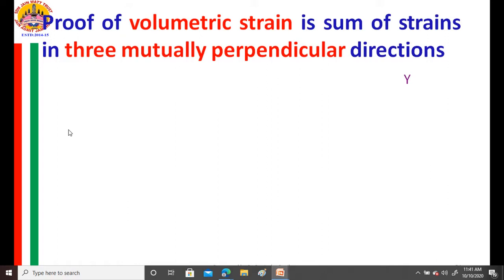They are interlinked with each other. Because of the linear strain and lateral strain, linear and lateral dimensions are changing. When dimensions are changing, the volume is changing. Therefore there is a relationship between the linear strains, lateral strains and the volumetric strain.